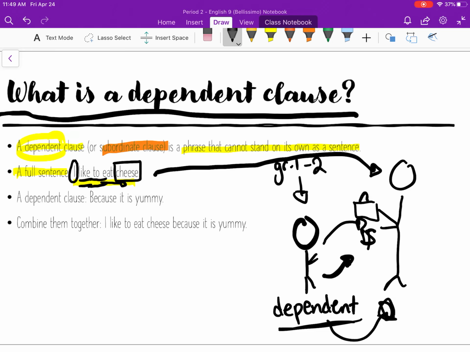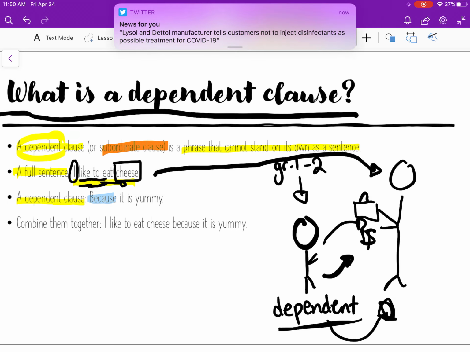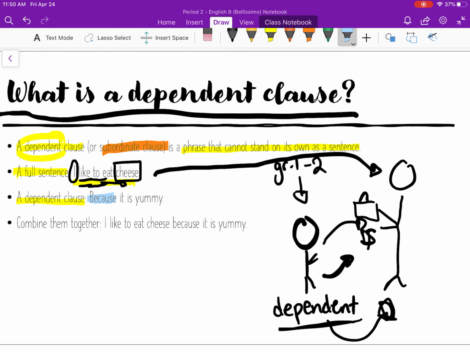Now, a dependent clause, or that subordinate clause, is going to have just a little bit extra added on to it. I'll talk about these words in a second, but you'll see this word right here, because. Now, I taught you guys at the beginning of the year that you can start a sentence with because, but there is a very specific way that you have to do it.